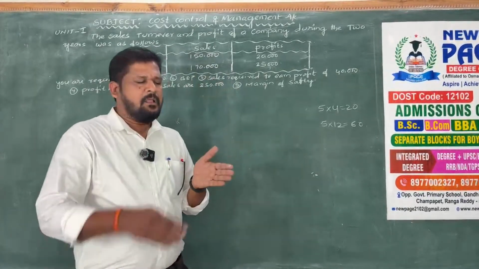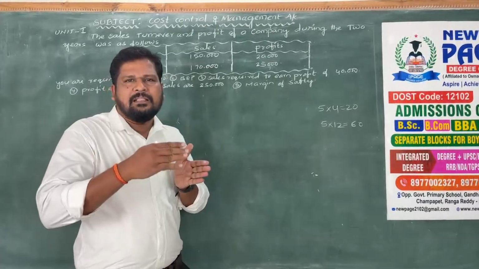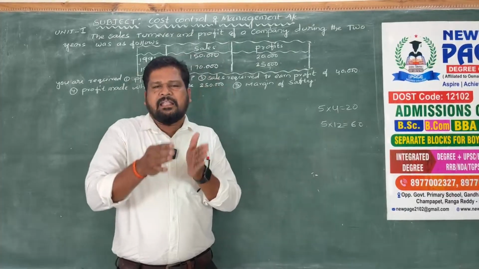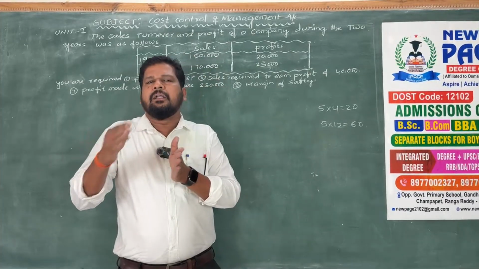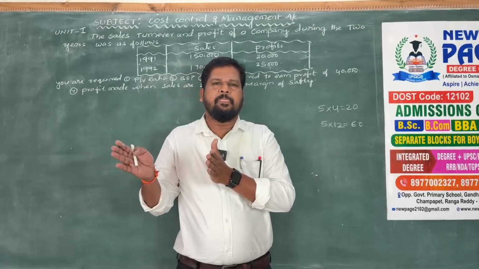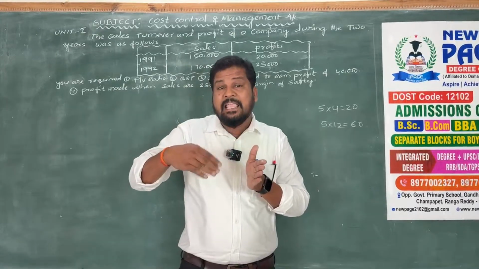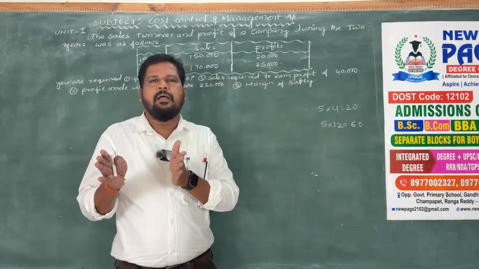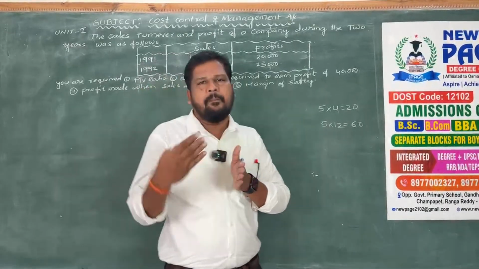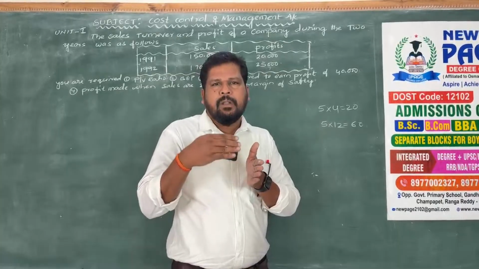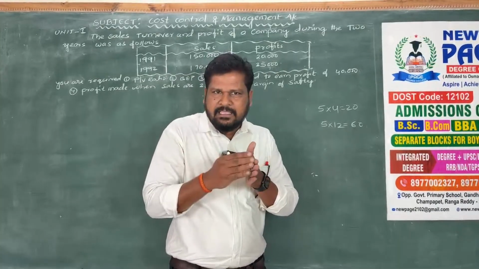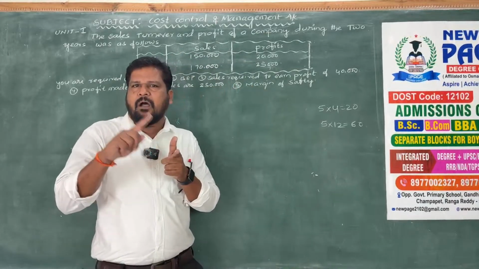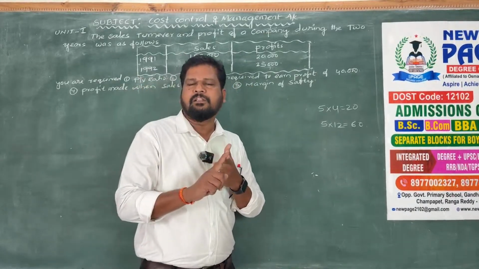Next, coordinating among the different departments, improving the efficiency, coordinating between the staff, and profit maximization. So simple question. You must read this question: define management accounting and explain objectives and functions.